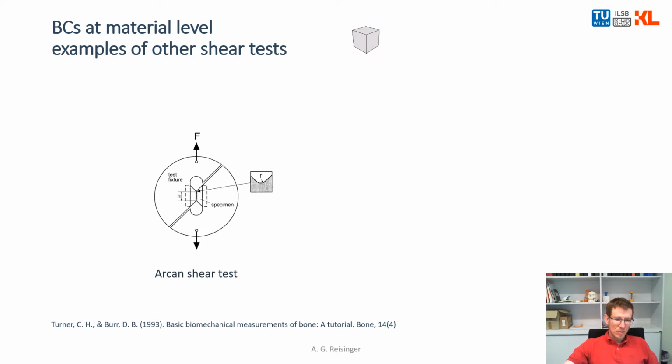As before, I would also like to show you different ways of doing shear tests. This is a different kind of setup. It's an Arcan shear test, and you have fixtures shaped in this half circle. Your specimen is glued here in the middle, and this is also a way to do that.